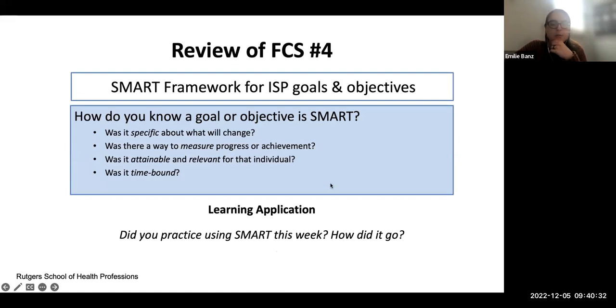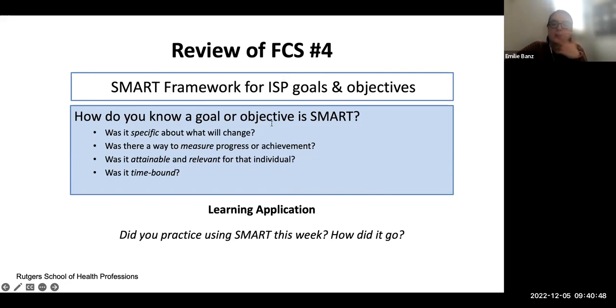Just to give a little overview, we're specifically looking at: was it specific about what will change? Was there a way to measure progress or achievement? Was the goal or objective attainable and relevant for that individual? And was it time bound?